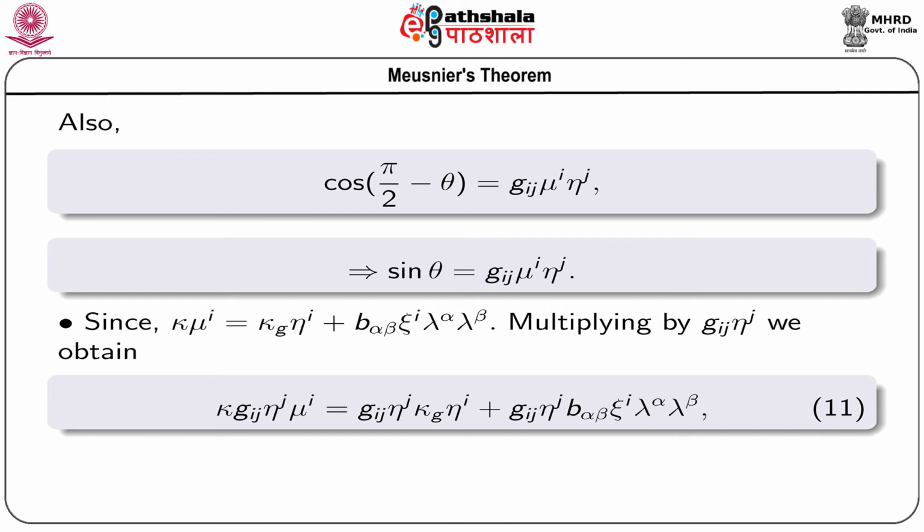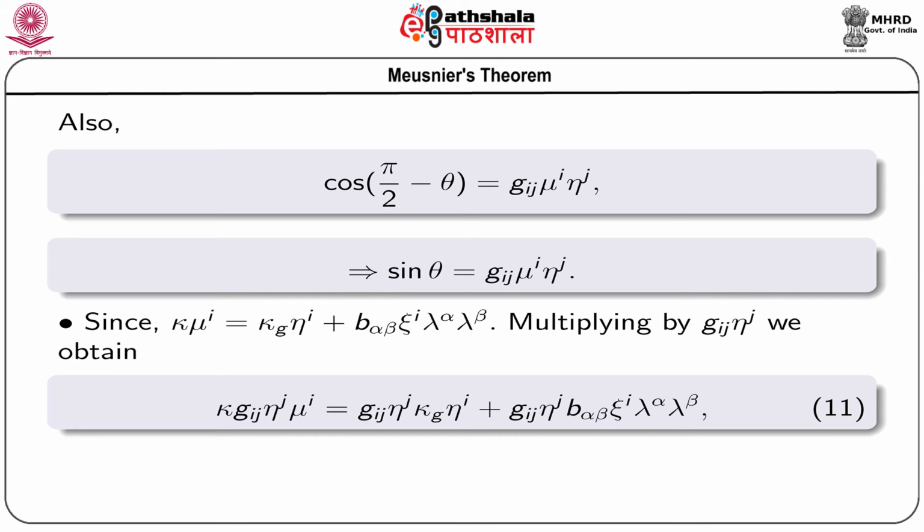Now, you see that in the left hand side of 11 we get kappa g_ij eta^j mu^i and this value is sin theta. So, in the left hand side it is kappa sin theta. Now, g_ij eta^i eta^j is equal to 1. So, it is kappa_g, and g_ij eta^j xi^i is equal to 0. So, the second term is equal to 0.